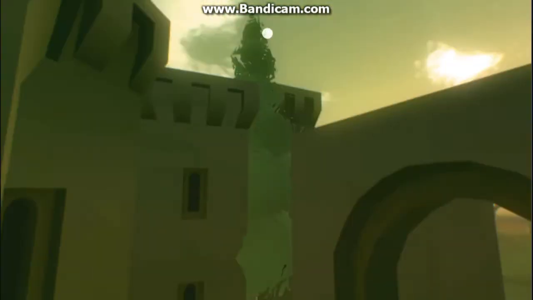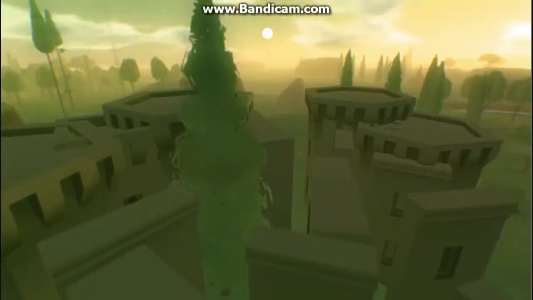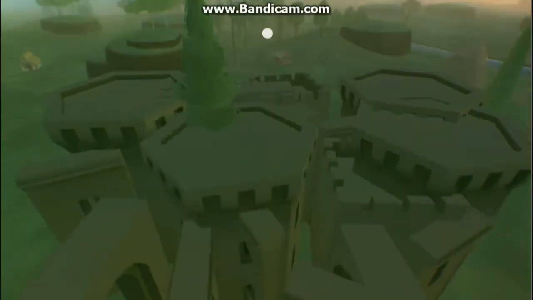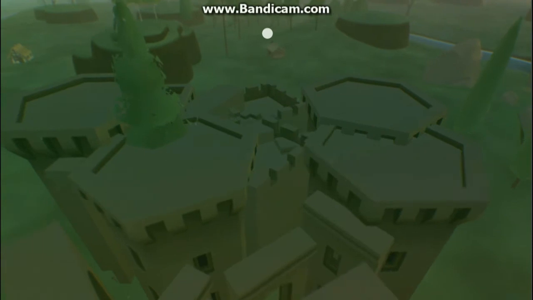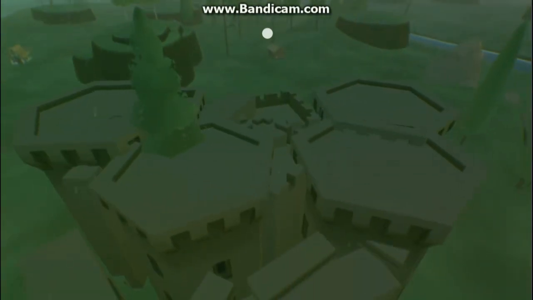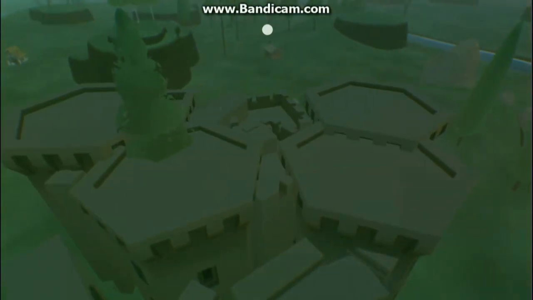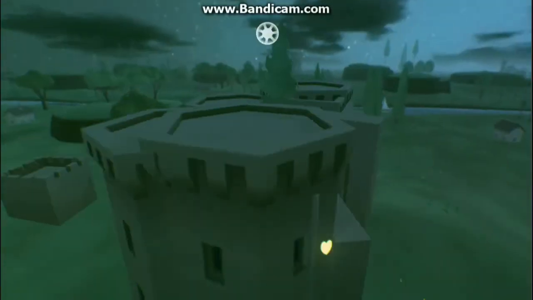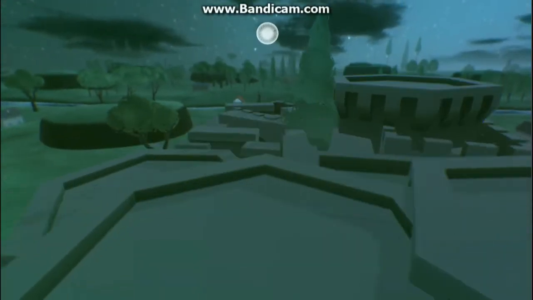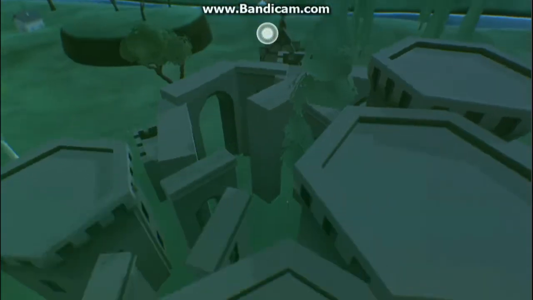Okay, I had expected to beat the whole castle right away, but apparently I still need to move around. Let's create more pieces of castle.